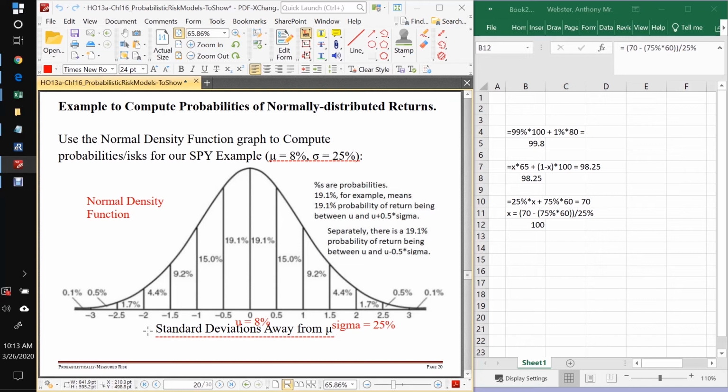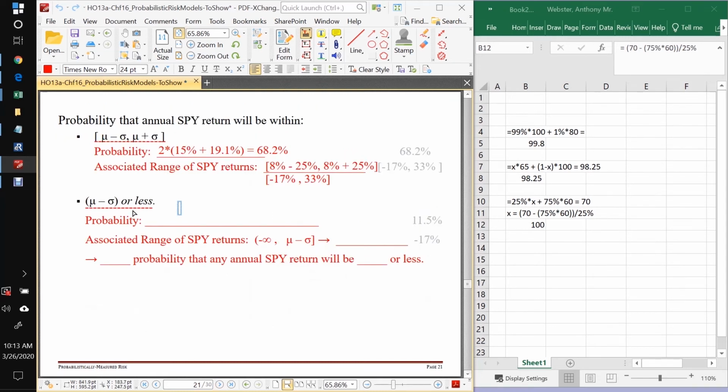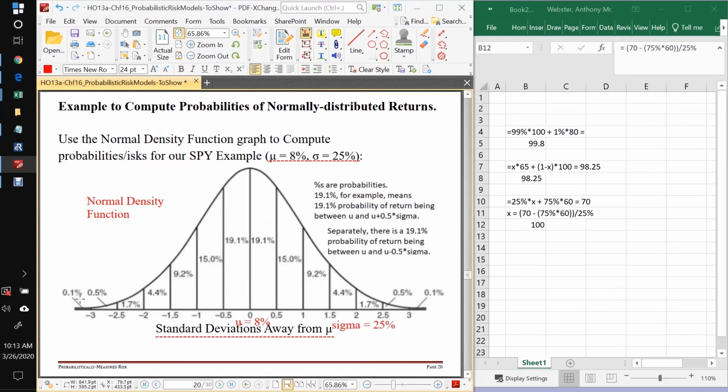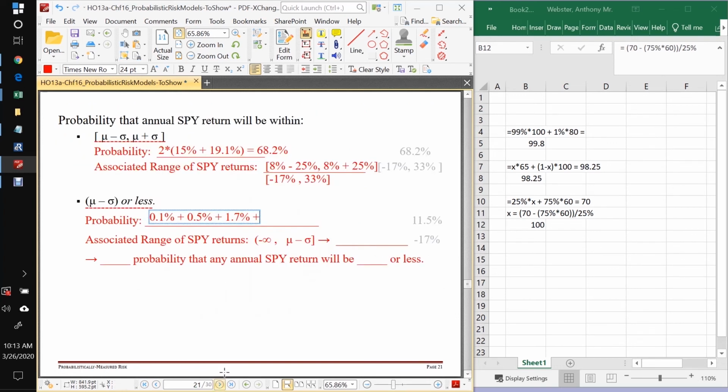So that'll be 0.1% plus 0.5% plus 1.7% plus 4.4% plus 9.2%, and if you work that out, you should get 11.5%.